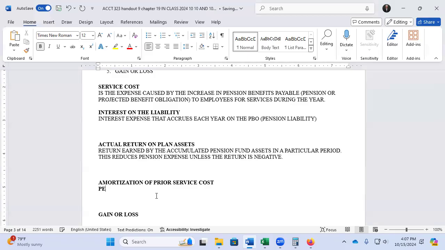These are pension plan amendments, including the initiation of a pension plan.